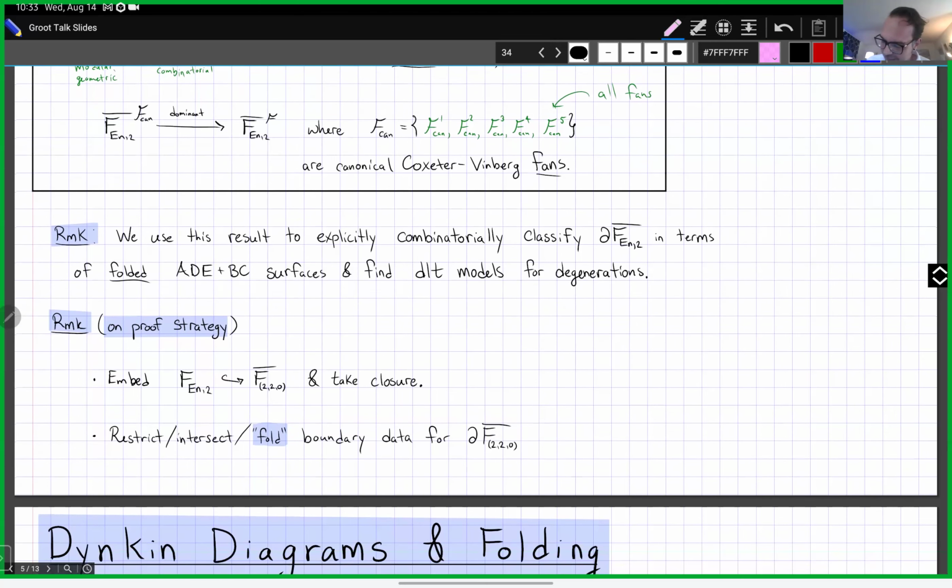And it turns out that, well, to go from K3s to Enriques, we're quotienting by a Z mod 2 kind of action. And you might hope that you can take all of the boundary data for the K3 surfaces and quotient everything by 2 and somehow get boundary data for the Enriques surfaces. And miraculously, this idea works once you play it out.